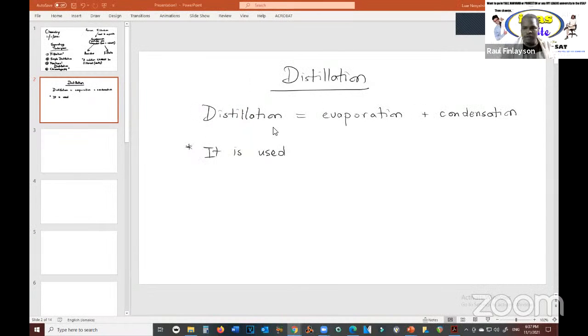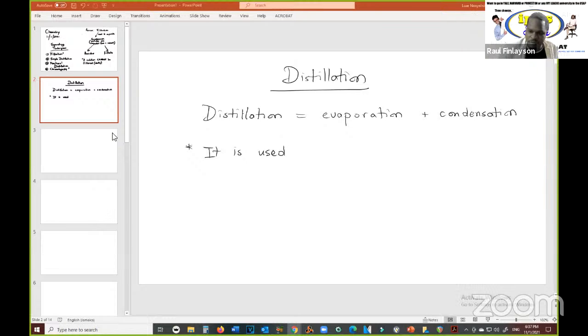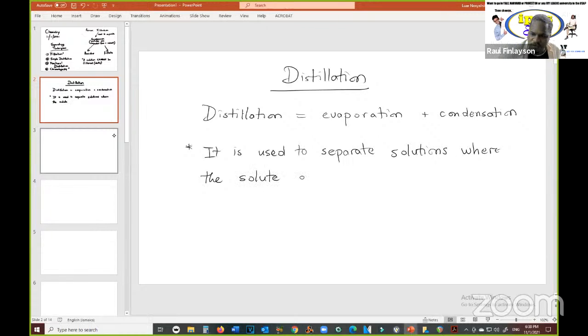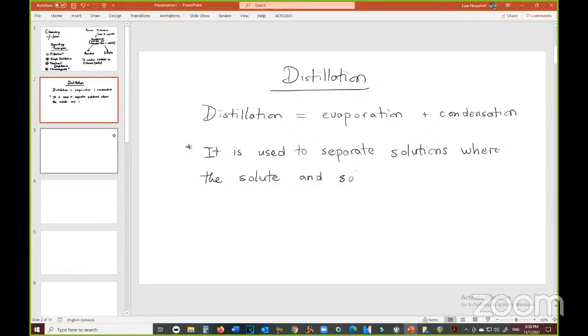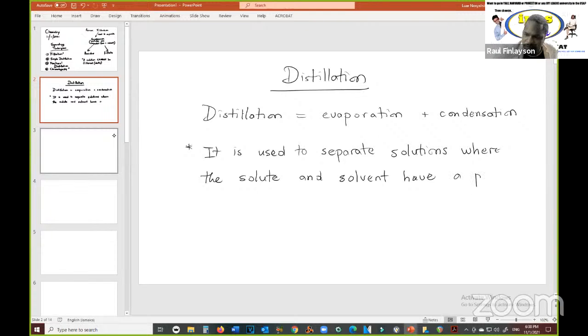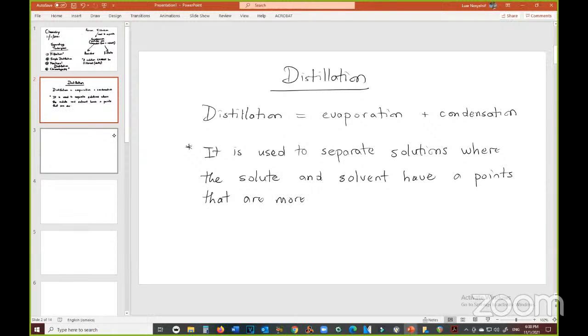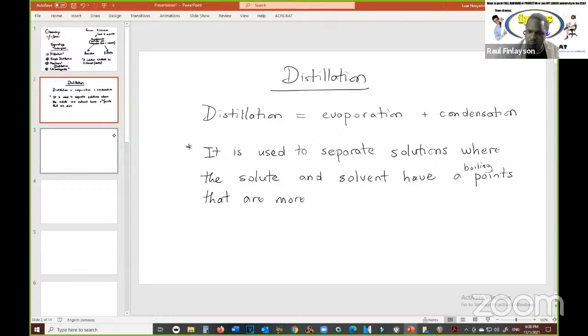All right. So again, you use it to separate the solute and solvent that have boiling points, sorry, we should say boiling points, that are more than a certain difference apart.